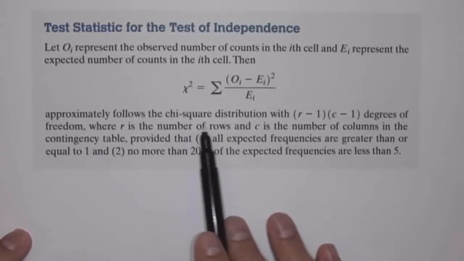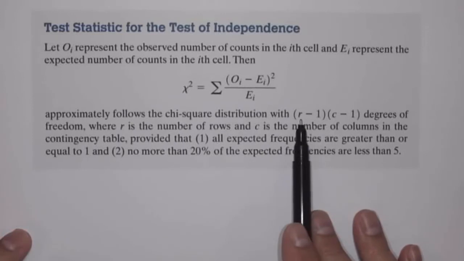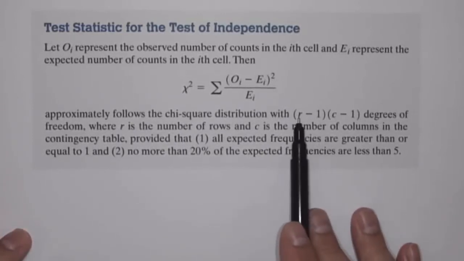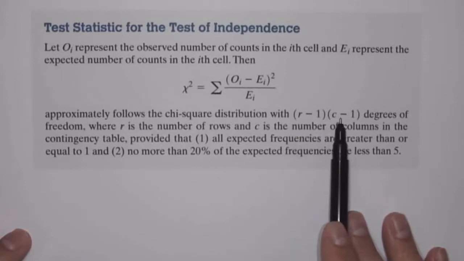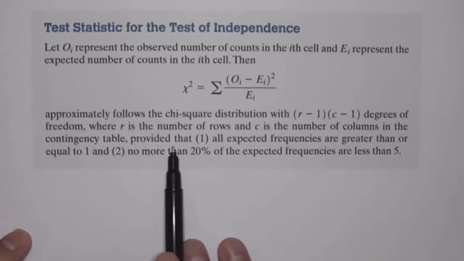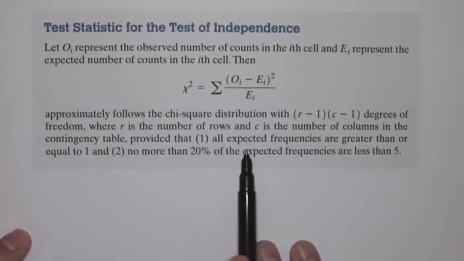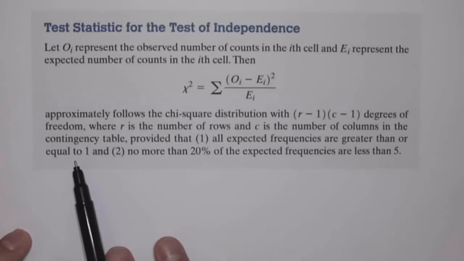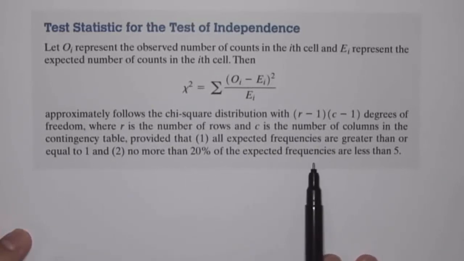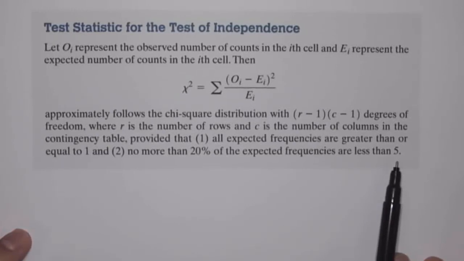So again, the way we're going to calculate our degrees of freedom is different in this case. So the degrees of freedom is going to be the number of rows minus 1 times the number of columns minus 1. Now again, it follows this chi-square distribution, provided that 1, all expected frequencies are greater than or equal to 1, and 2, no more than 20% of the expected frequencies are less than 5.